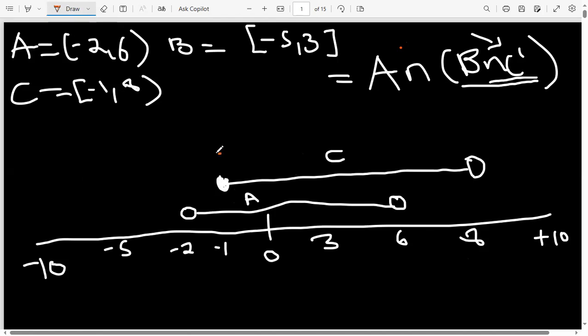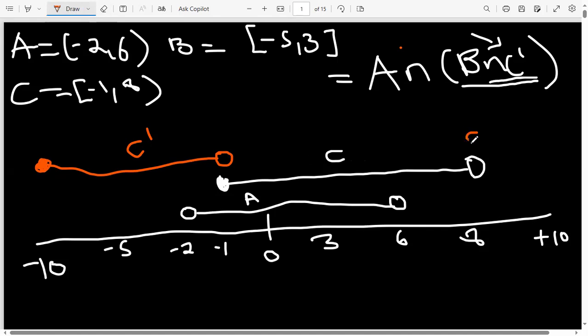I'll draw an open circle just on top of C here, and then go in this direction all the way to -10. If you want, you can include that -10 because it's not in C. So this is C complement on the left side.